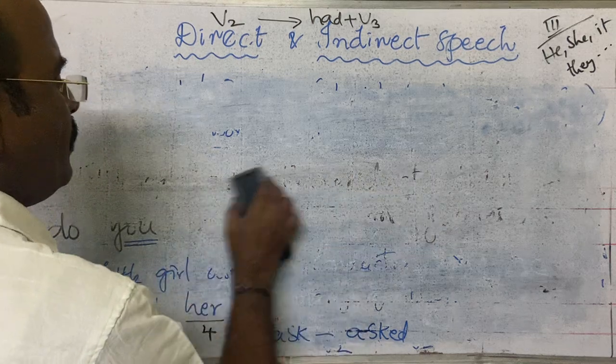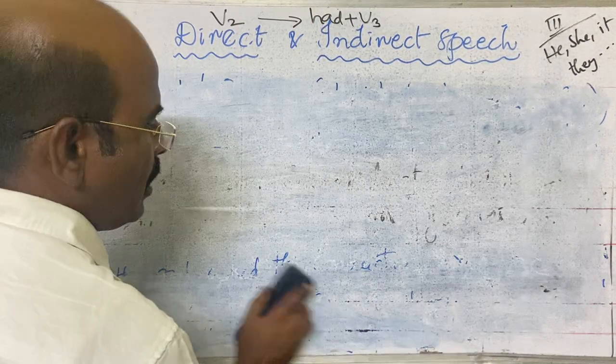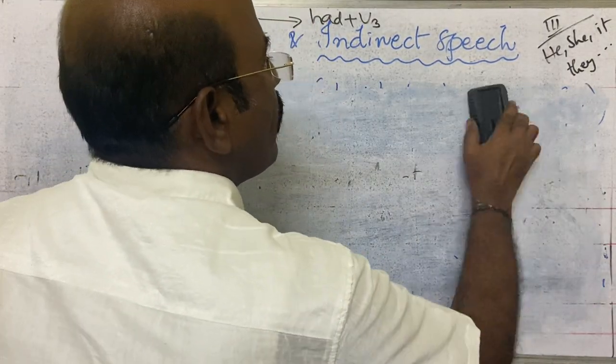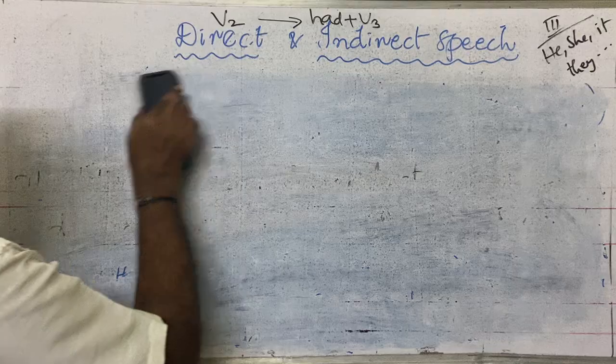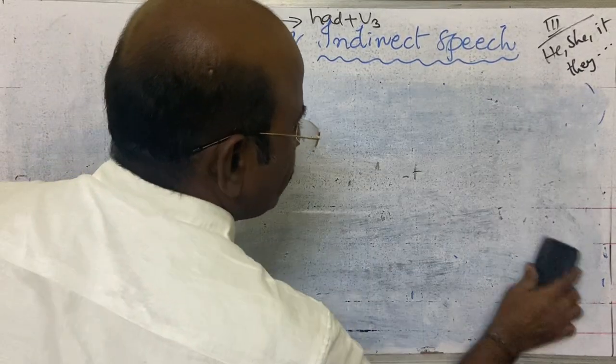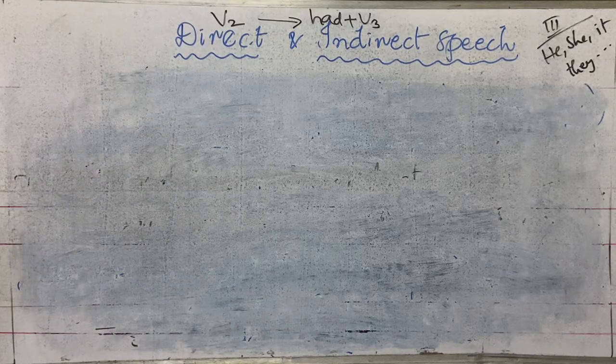From be forms, do forms, have forms, and modal verbs also: can, could, will, would, shall, should, may, might. All from that also we are taking. Yes or no questions are helping verb questions.